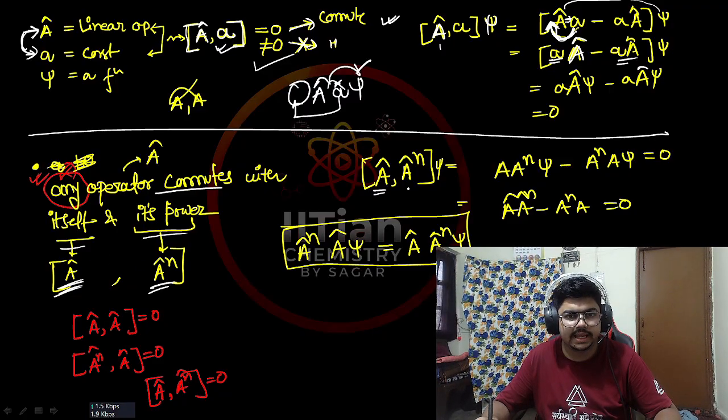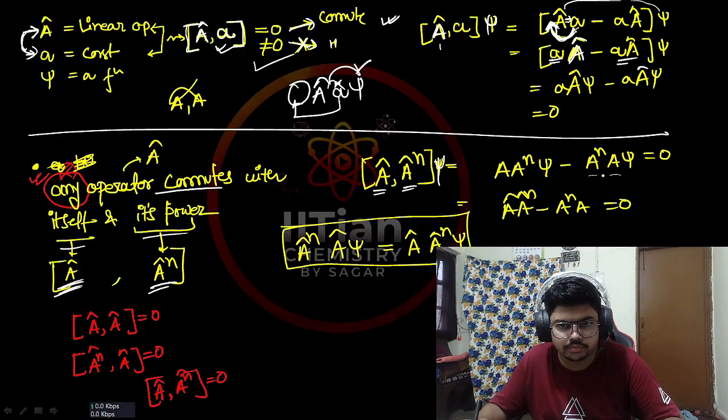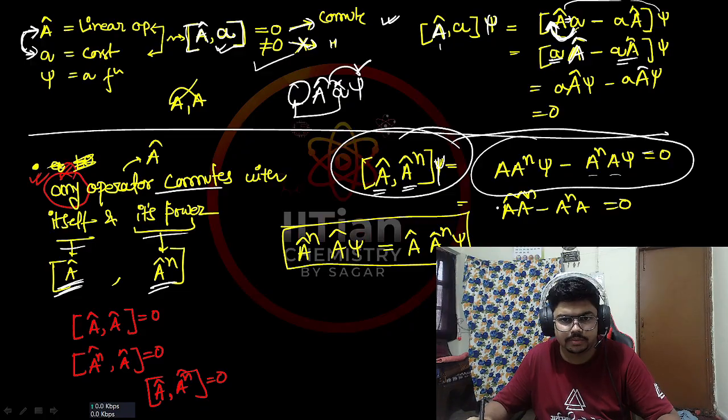For example, the commutator of A to the power n and A on psi is A to the power n A psi minus A A to the power n psi, and this will be equal to 0. If they commute with each other, this is 0. This 0 means A to the power n A psi equals A A to the power n psi.